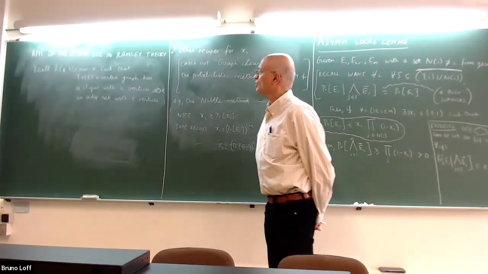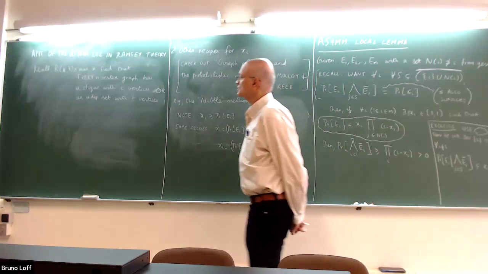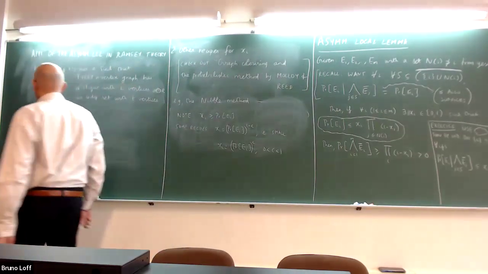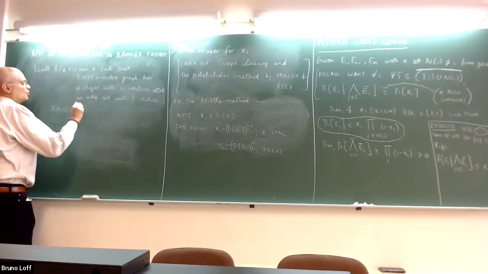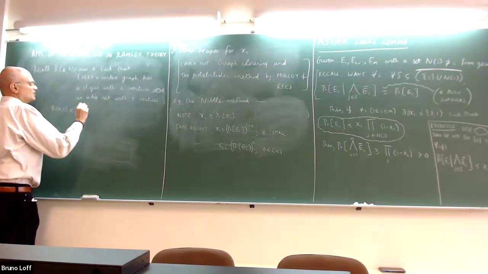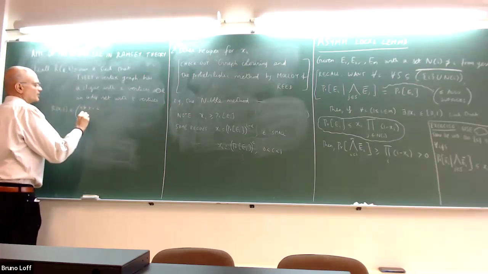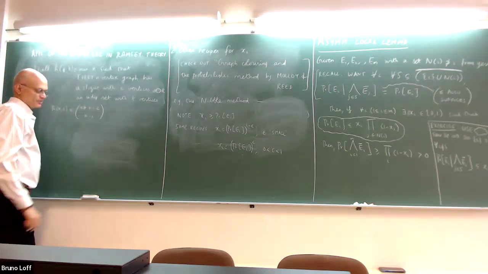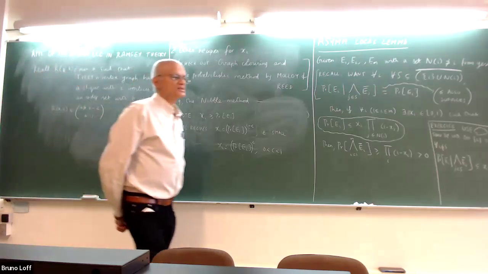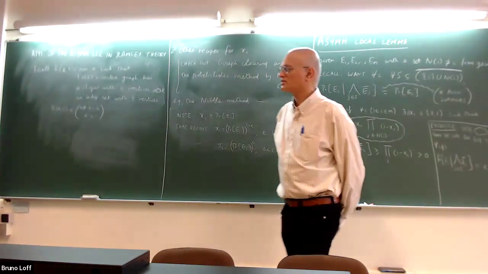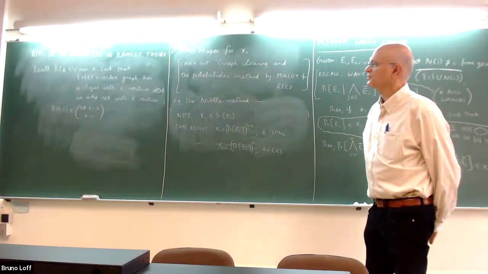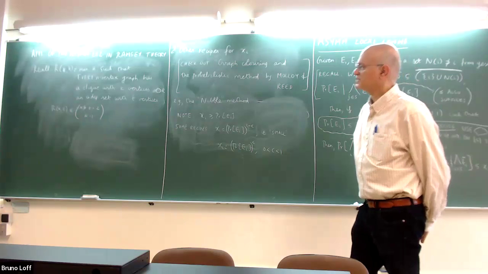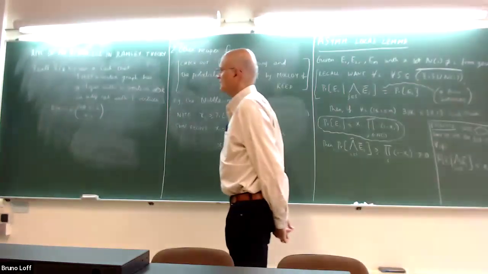Recall Ramsey's theorem, that in particular, the original Ramsey theorem is that R(k,t) is finite and it's at most something like this: (k+t-2) choose (k-1). This is a simple induction you can do, by induction on k+t. You can easily prove this. It's a good exercise. So it's a basic result in Ramsey theory.